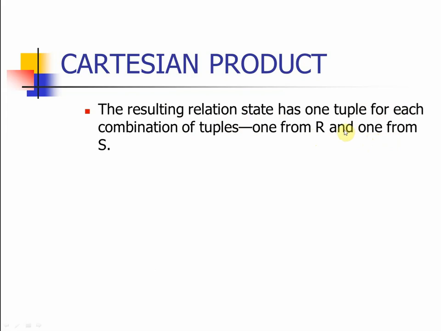It means not only will the table have all the attributes from the first table and all the attributes from the second table, but, more interestingly, it will combine every tuple of the first table with every tuple in the second table, creating every possible combination of the two tables.